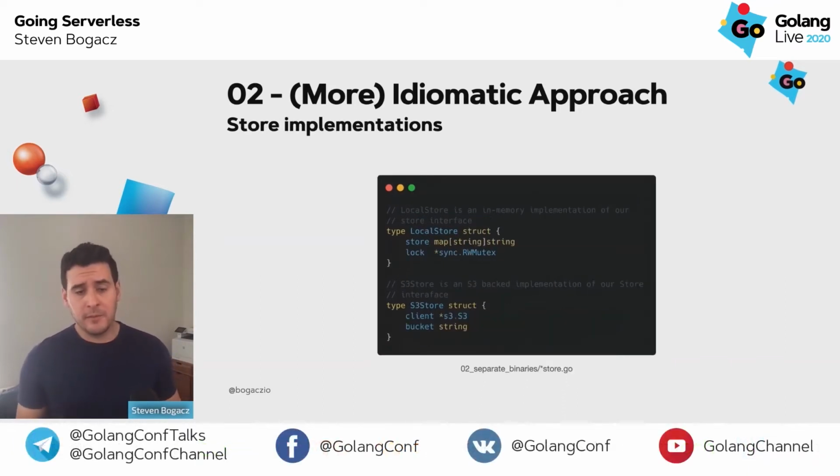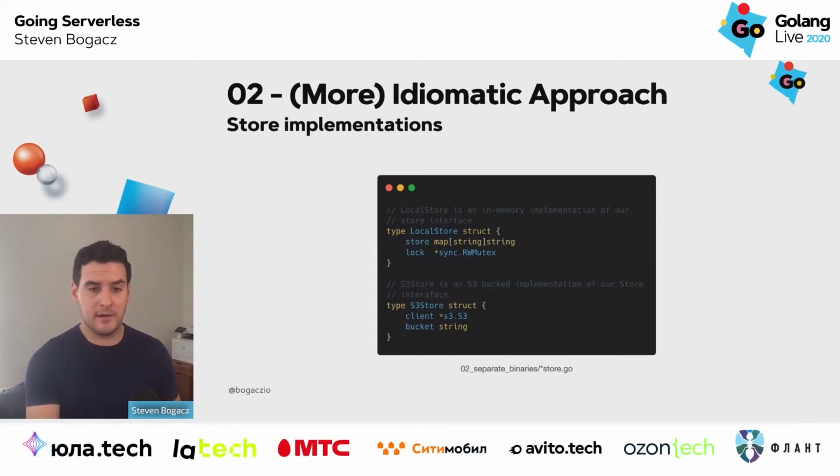And we have two different implementations of our store. We have the in-memory implementation, which we're protecting with a mutex because any server is by default going to be multi-threaded. And we also have our S3 implementation.